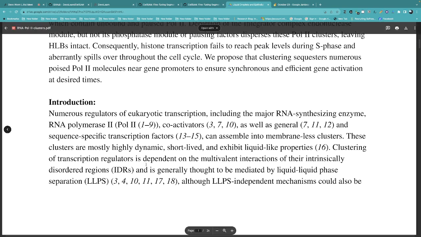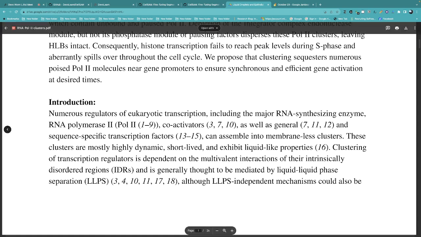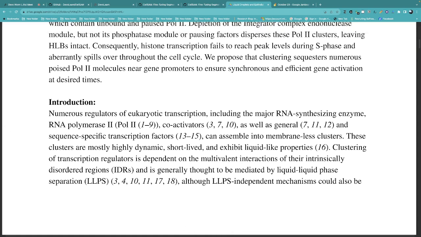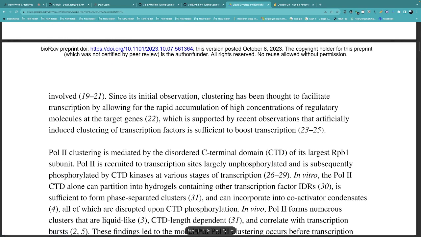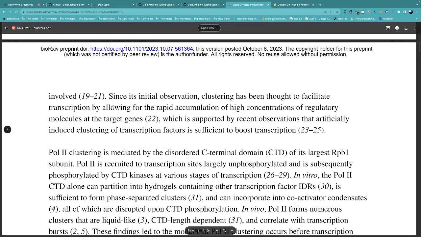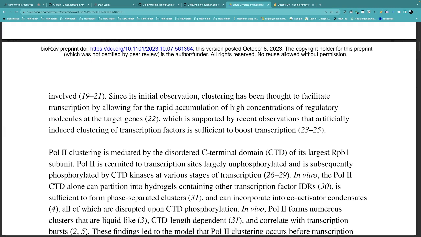Clustering of transcription regulators is dependent upon the multivalent interactions of their intrinsically disordered regions. So they have these disordered regions, and this is generally thought to be mediated by liquid-liquid phase separation. Since its initial observation, clustering has been thought to facilitate transcription by allowing for rapid accumulation of high concentrations of these Pol-II molecules at the target genes. So you need something to transcribe things.